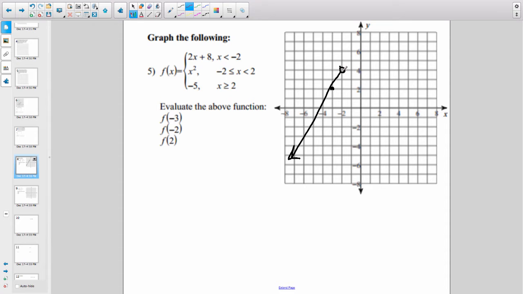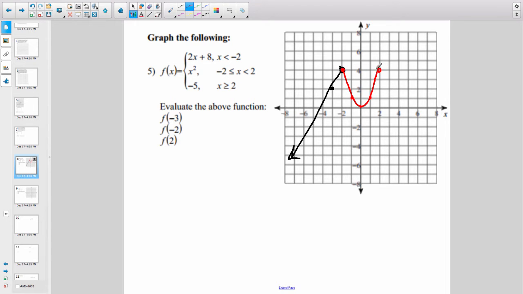So for that one, we would fill it in and then plot some of the other points on the parabola, at least so we can make a nice sketch. Now when we get to this point here at positive 2, you have to put a hole here. Okay, so let's just sketch it now.